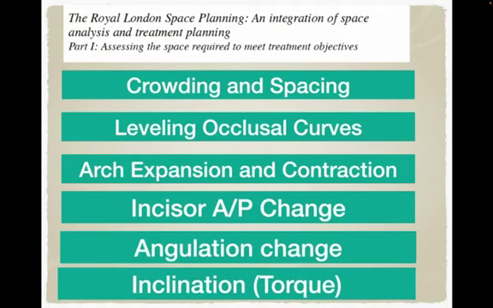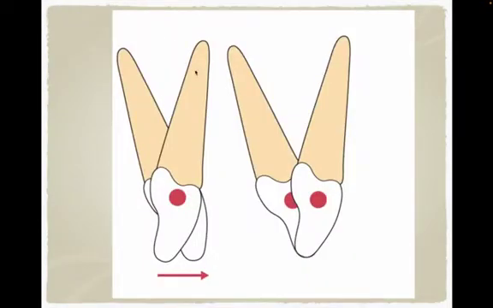The last one is the inclination or the torque. This one we need to consider carefully. So this is the retroclined central incisor. In order to correct the inclination of this central incisor, there are two ways of doing it. The first one is by simply tipping the crown forward to procline the incisors.